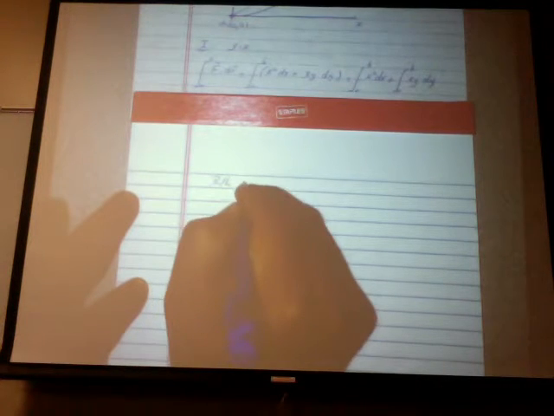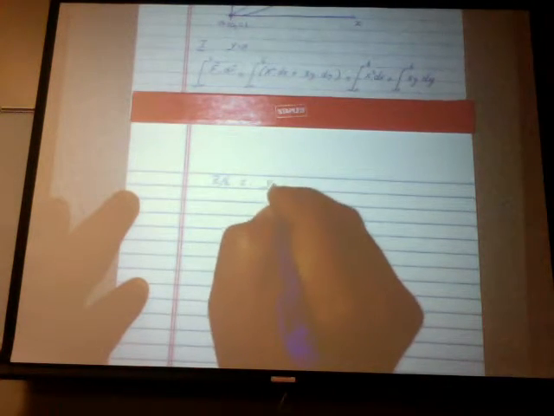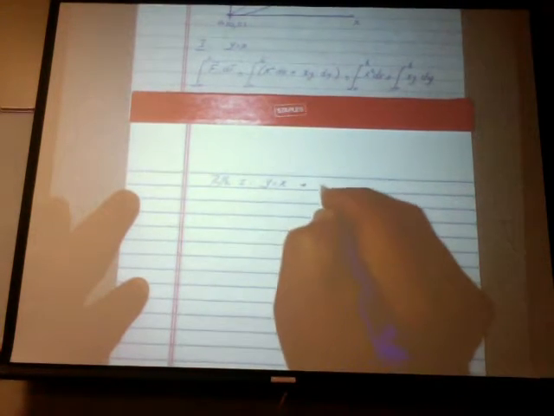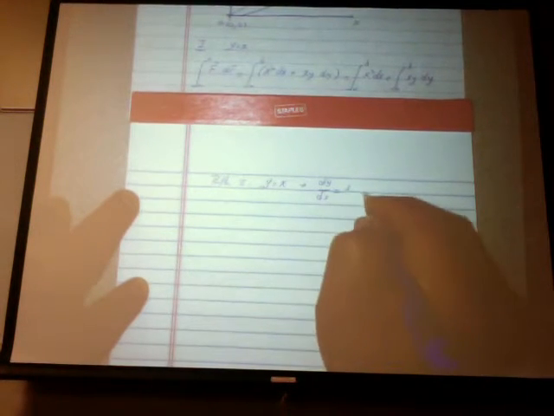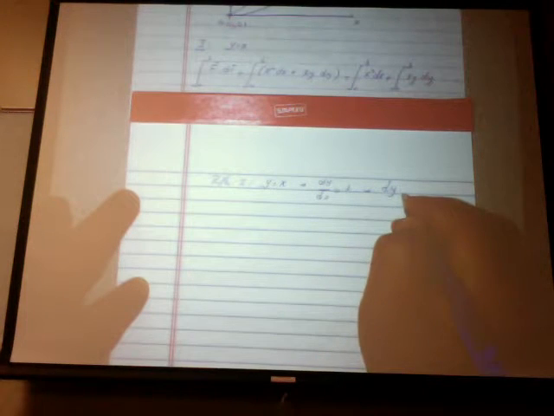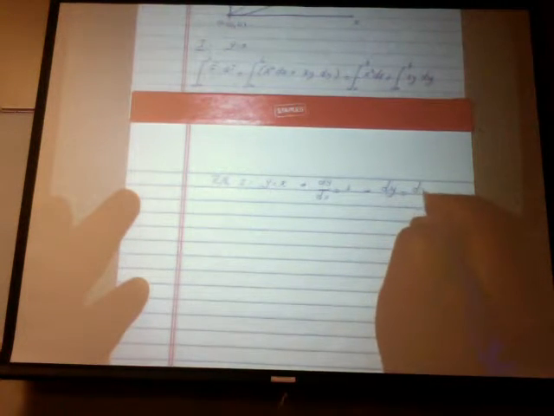And on path 1, y is equal to x. That means that dy/dx is equal to 1. That means that dy is equal to dx. Right?